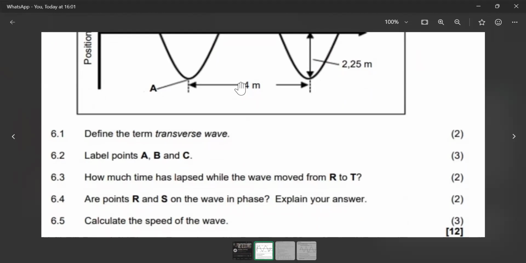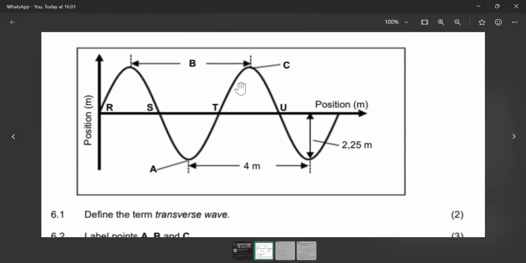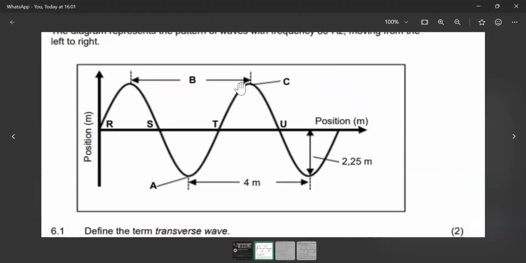Then listen to the third one. This one says, how much time has elapsed while the wave moved from R to T? In other words, calculate the time taken for this wave to move from the point R to the point T. And what is from R to T?